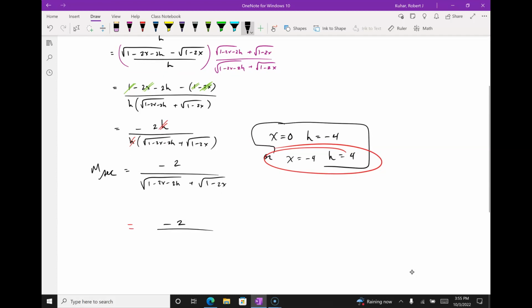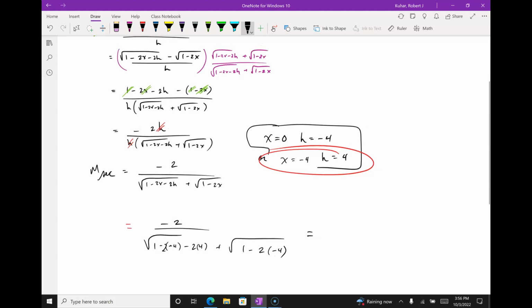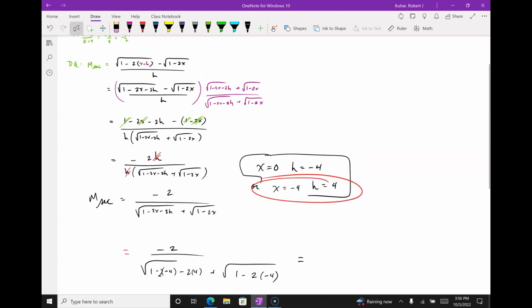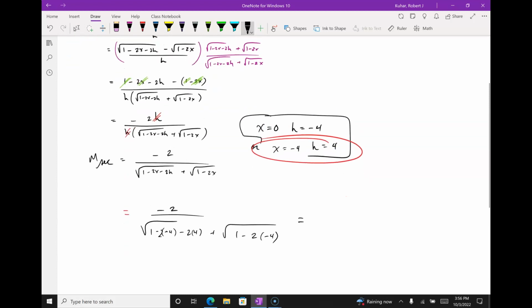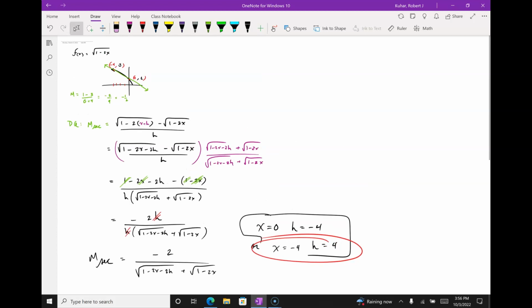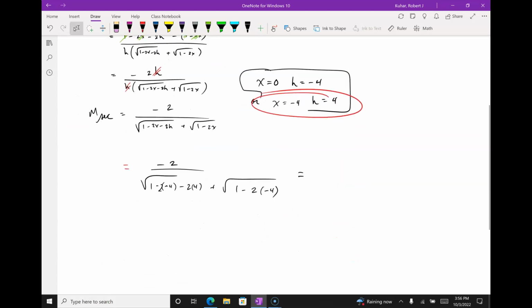Everywhere there's an h, I'm plugging in a +4. Looks like I screwed up something. Oh no, -1/2 is what I got, right? Yeah, I'm okay.